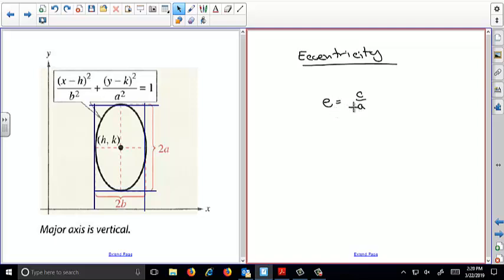And anything that's greater than 0, you have more eccentricity. Because for a circle, the length to the focus is 0, because that focus is the middle.